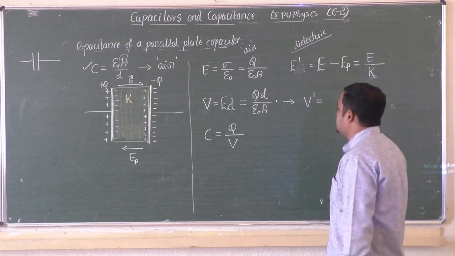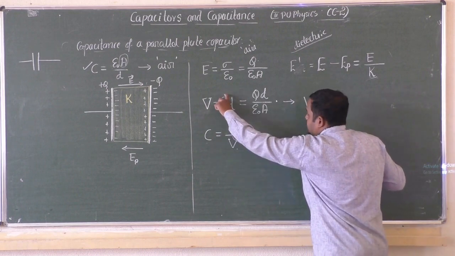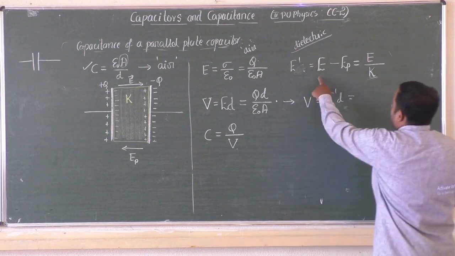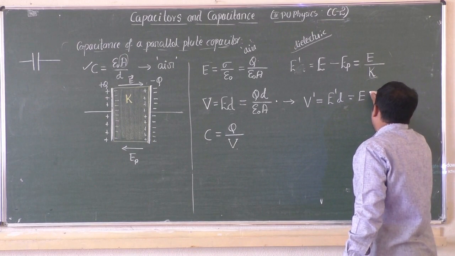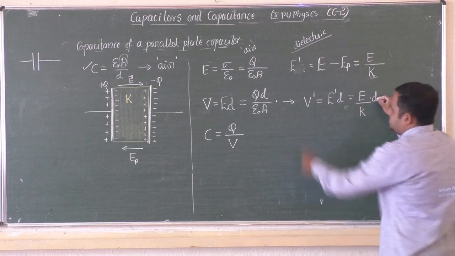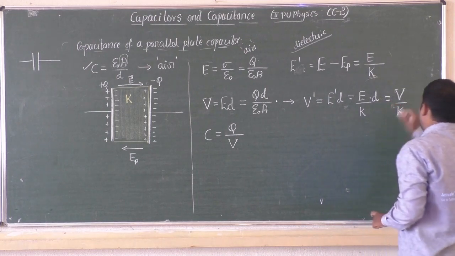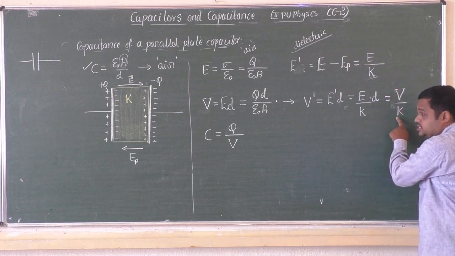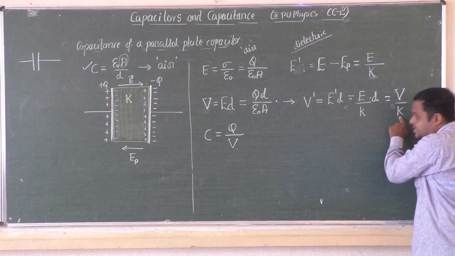V dash equals E dash into D. Now E dash is E divided by K, so that is E divided by K into D. E into D is nothing but V, therefore we can write V divided by K, isn't it? So the potential difference between the plates of the capacitor also reduces by a factor K.